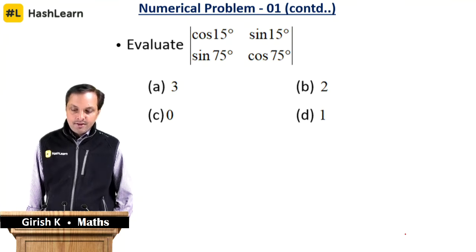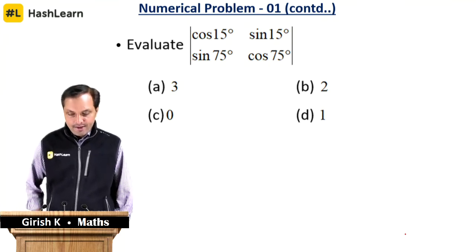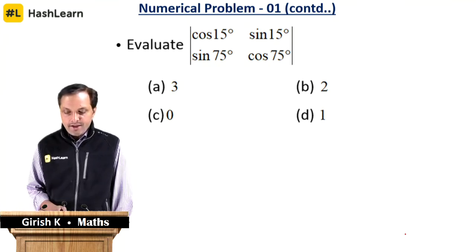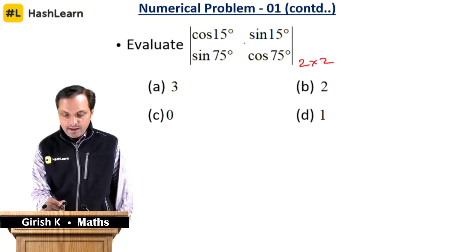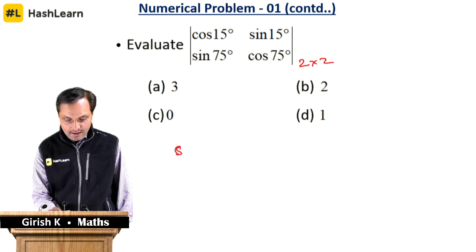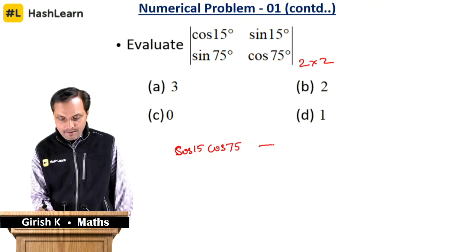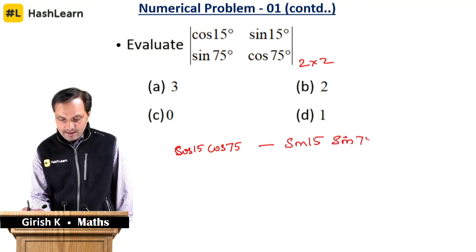How will you go ahead with this problem? It is a determinant of 2 cross 2, that is 2 rows and 2 columns. You can cross multiply: cos 15 into cos 75 minus sin 15 into sin 75.